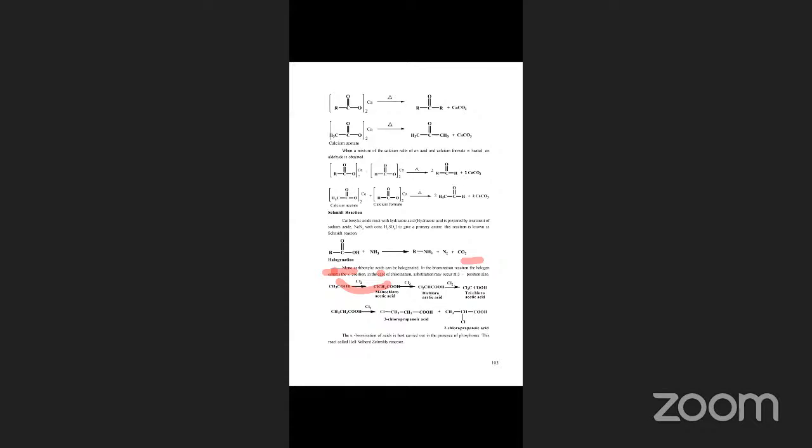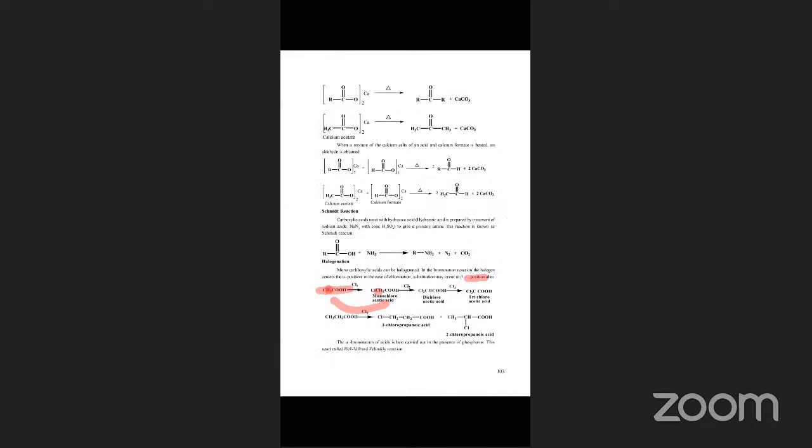Are you not observing? Yes, observing, sir. So what is the change? Here, how many hydrogens? 3. Here, 2. In place of one hydrogen, what is added? Chlorine, which means halogen.